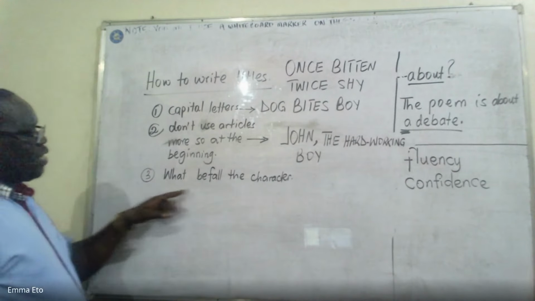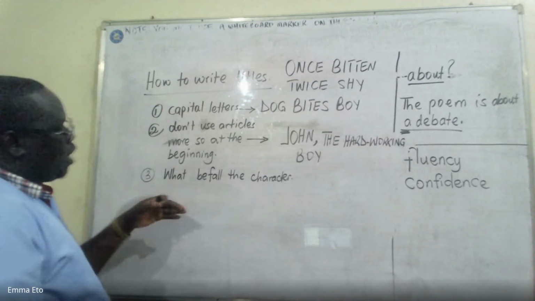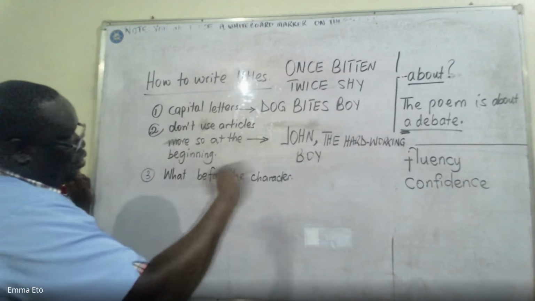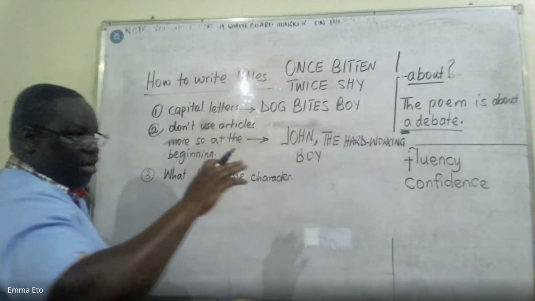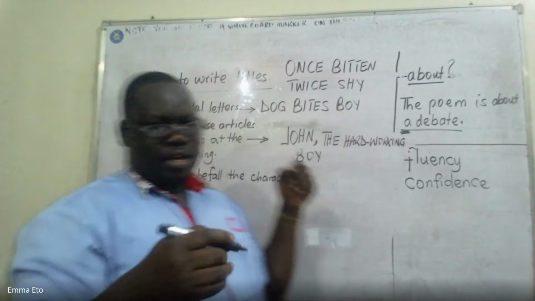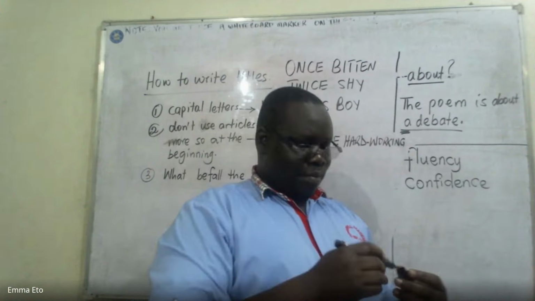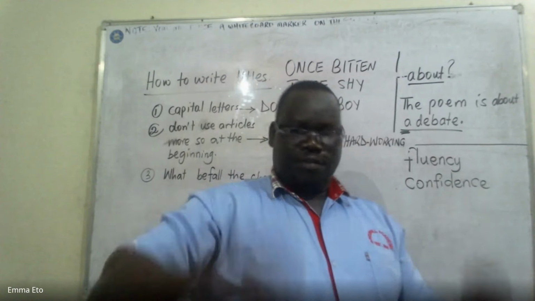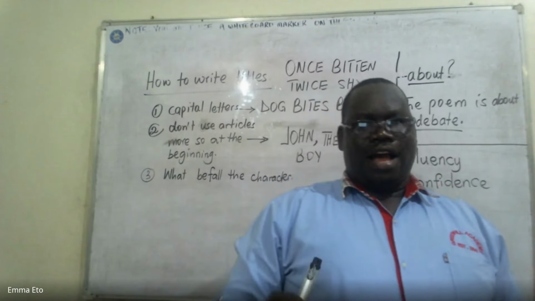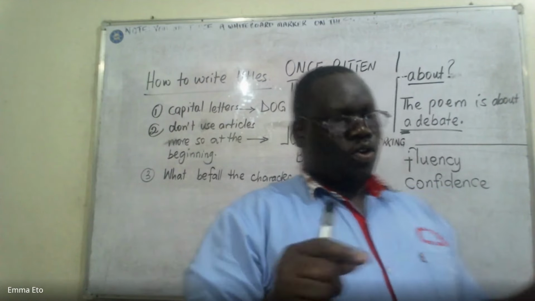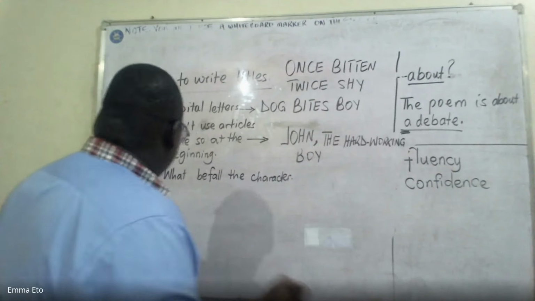Now, what befalls a character is what happens to a character, like the way I was telling you. Thieves arrested, thief lynched. It's like when the mob decides to beat a thief until he's seen as dead, that's when they will release him. So, then, tense.